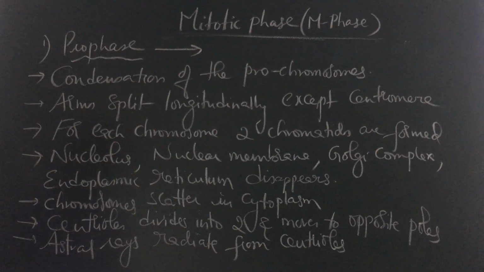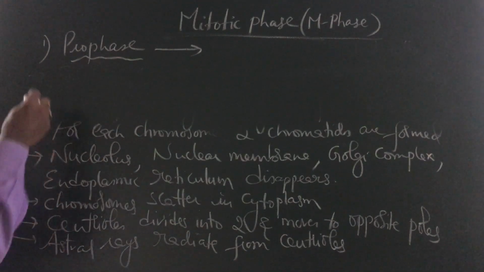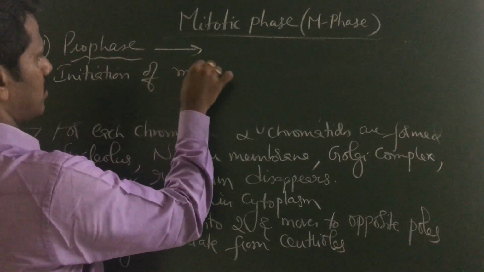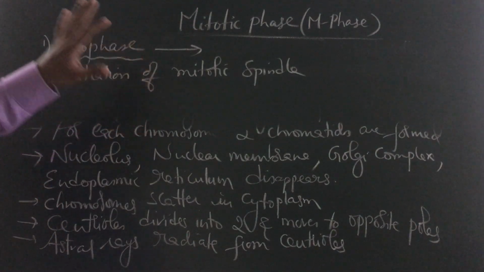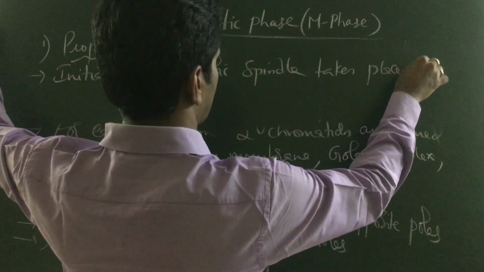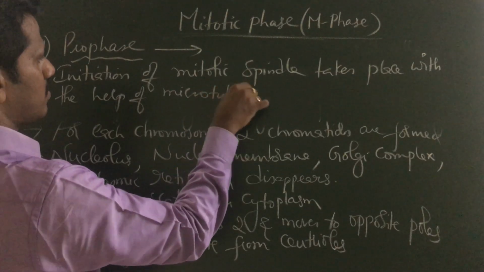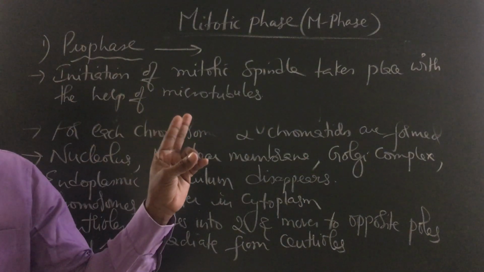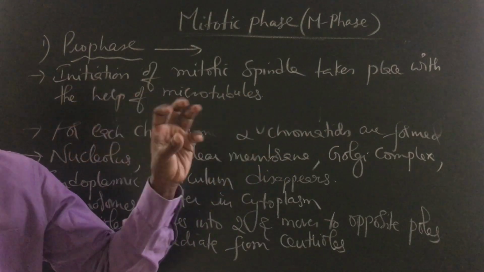Note down: initiation of mitotic spindle fibers takes place with the help of microtubules, because in the last chapter we studied what microtubules are. The centrosome has two centrioles, formed by microtubules in a 9+0 array.